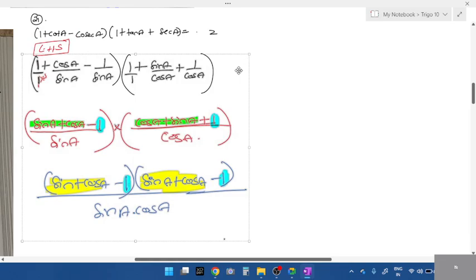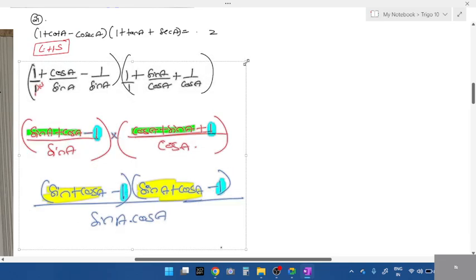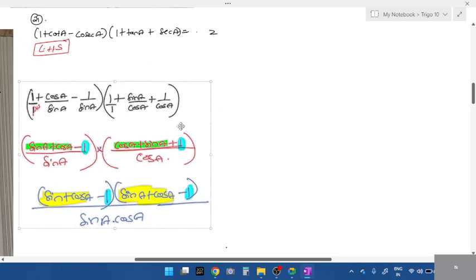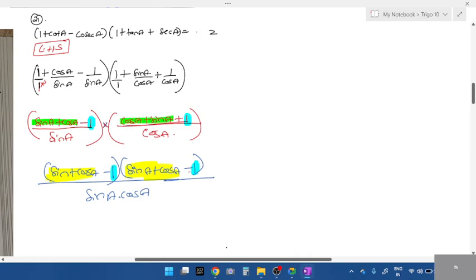Just a minute. Yeah, I'll change. This is plus 1, students, plus 1. Okay, now we'll take the yellow one as A, this as B. This as A, this as B. Can you see we have A minus B into A plus B?